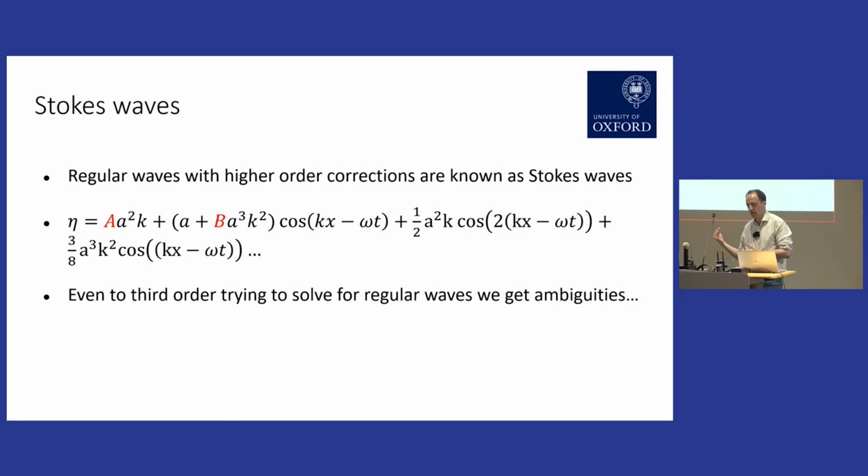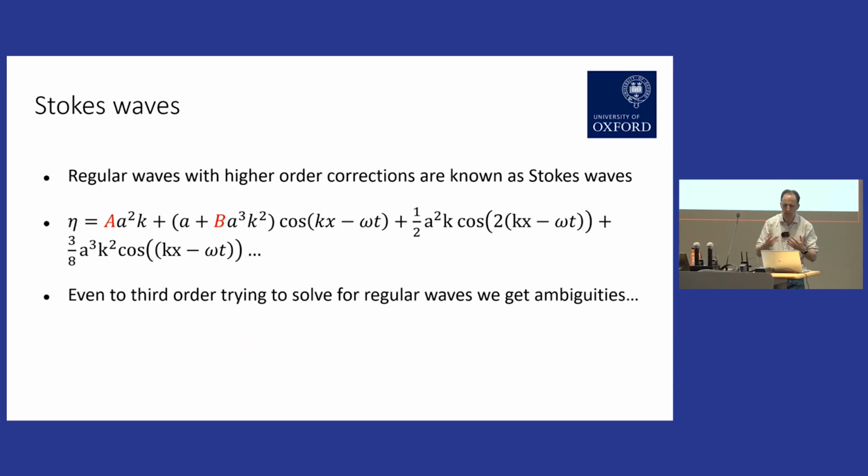However, when you try and enforce that, you end up with a steady current underneath, and that's also something we might not really want. And indeed, that steady current underneath creates ambiguities, because if you've got a steady current, then you have a Bernoulli term on that, and that Bernoulli term reduces the free surface a bit.